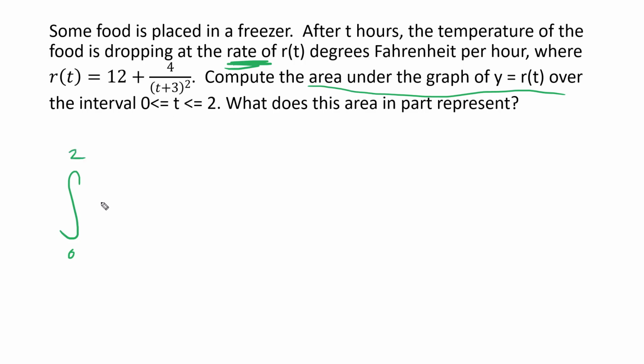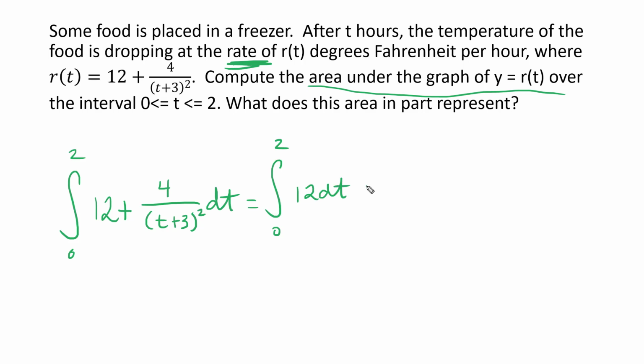And then what does it mean? So I put this information here, dt. Now I probably would separate these, meaning 12 dt plus the other piece, 4 over t plus 3 squared dt, because this way now I can look at each piece individually.